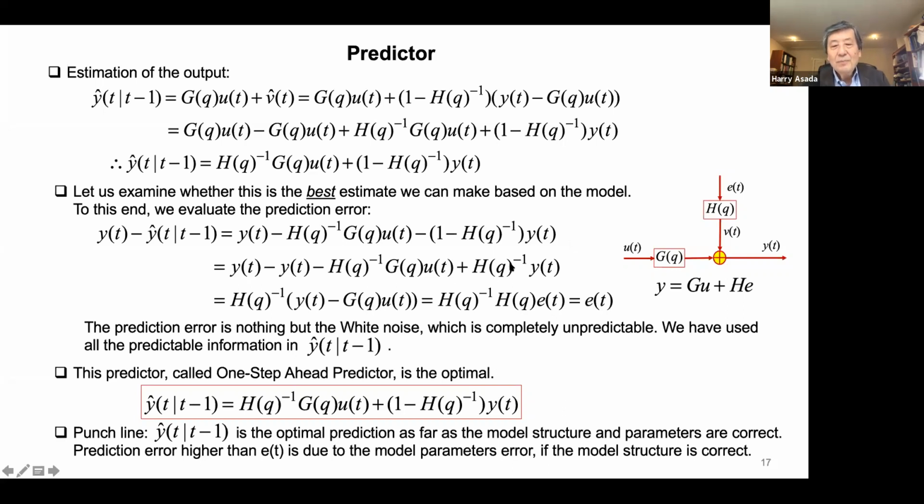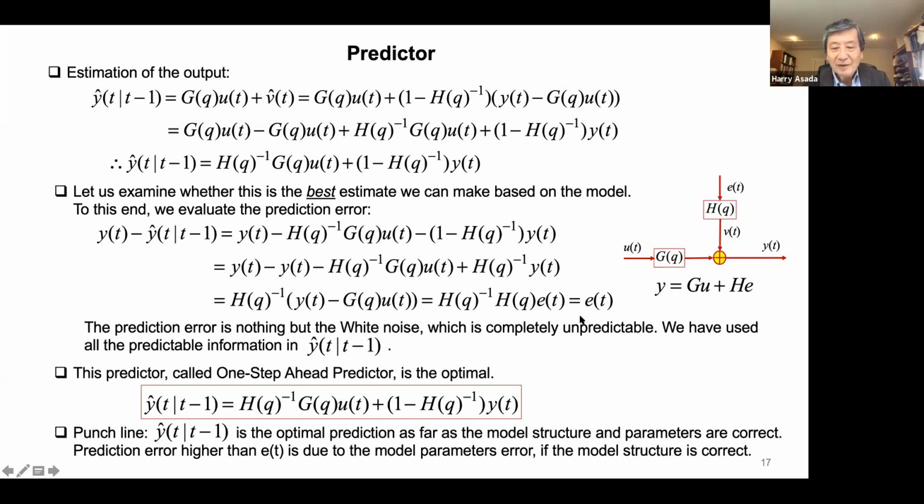We thought this was the best predictor, and the difference from the actual measurement, which comes from the true system, the prediction error, if we know these parameters correctly, is nothing but white noise.